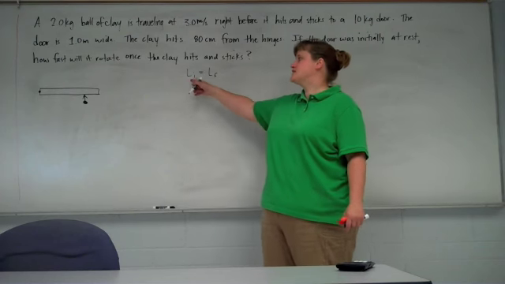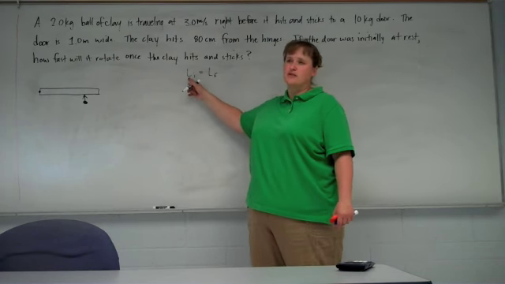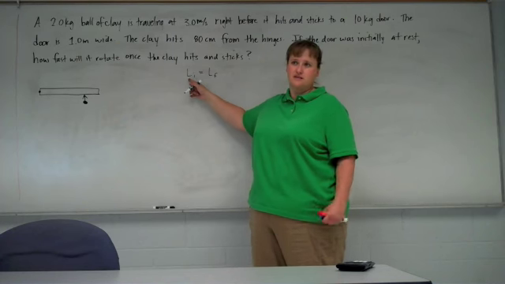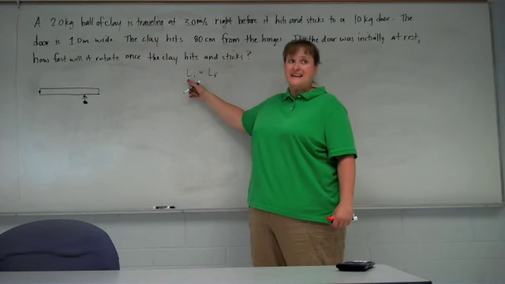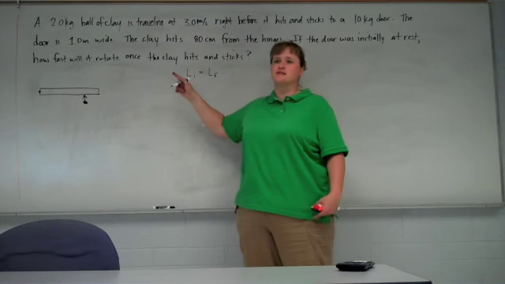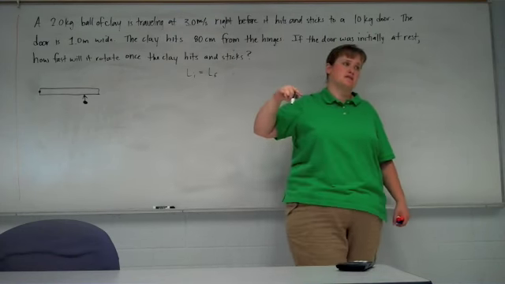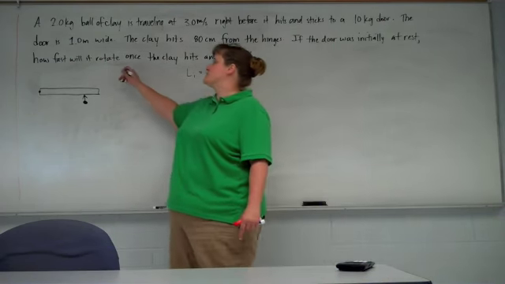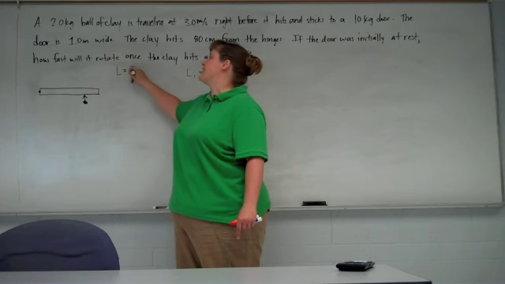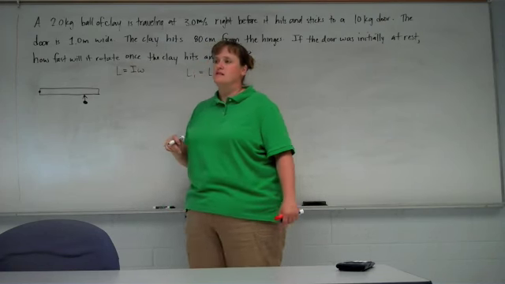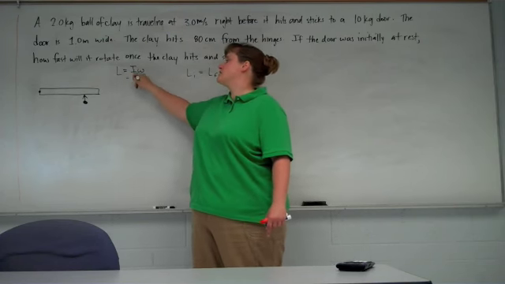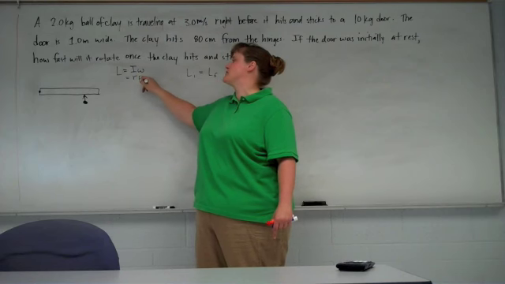Okay, initially, the door is not moving, so the door does not have any angular momentum initially. The ball of clay is moving, so we need to figure out its angular momentum. Now for the clay, we can do either I times omega to find the angular momentum, or we can use R times the perpendicular momentum.